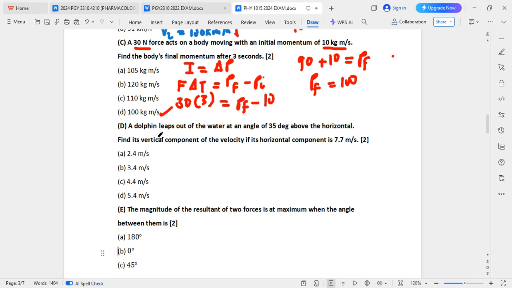A dolphin leaps out of the water at an angle of 35 degrees above the horizontal. Find its vertical component of the velocity if its horizontal component is 7.7. Okay, so let's say this is the water body.